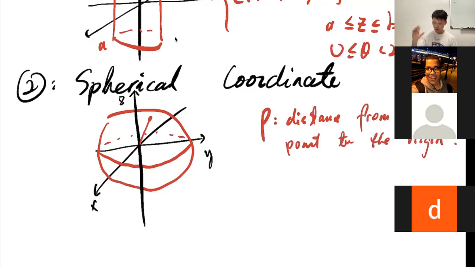After you fix your rho, you fix the particular sphere you're on, and now you're on the surface of the sphere. Let's use the Earth, one of the familiar objects that are spheres. Imagine you're at a particular point on the Earth. How do we locate you?